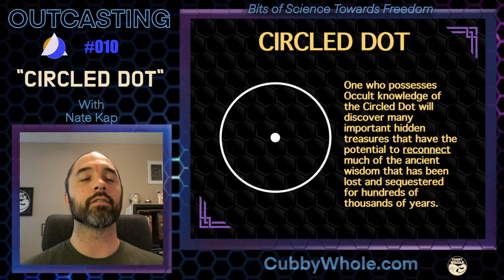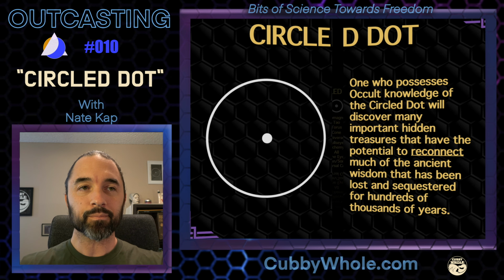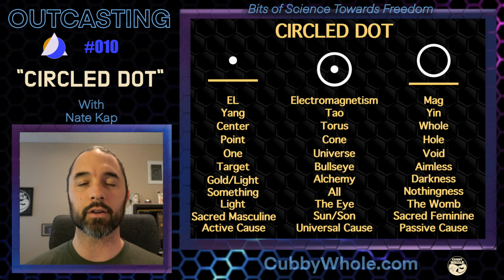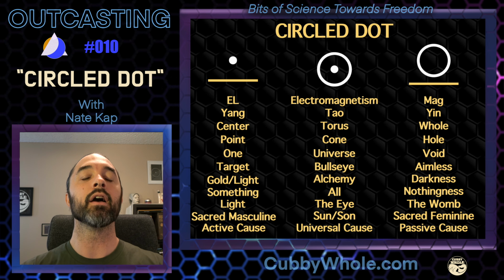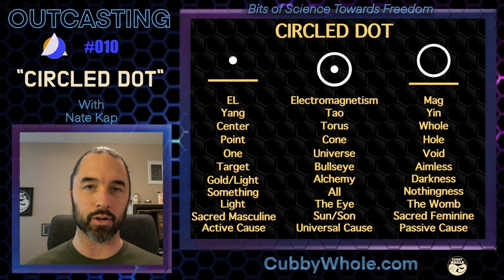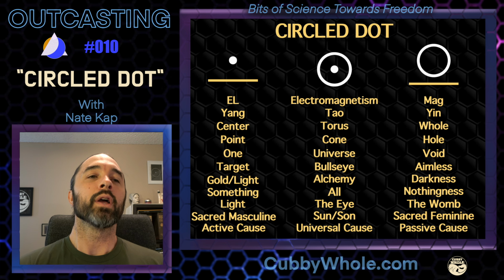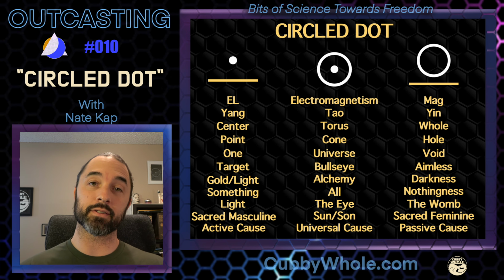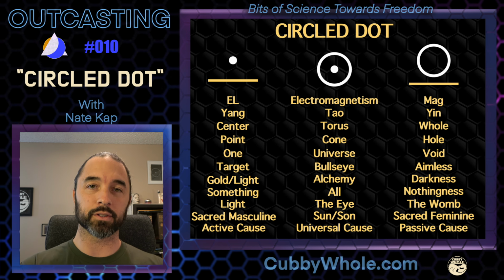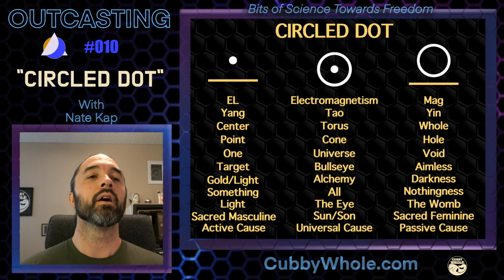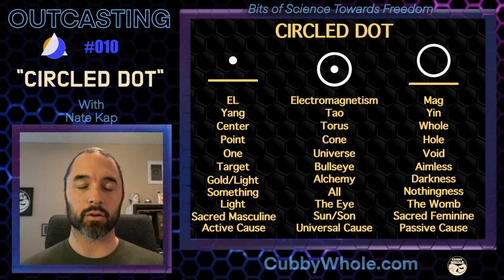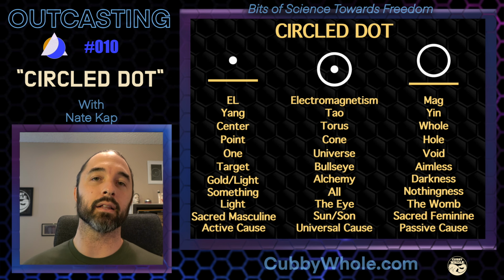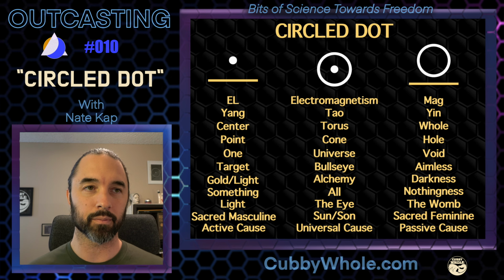So what I've done is I've created a diagram here with 3 columns to help us understand the circle dot better by understanding the dualistic nature of the circle dot. In the middle is where the symbol of the dot and the symbol of the circle come together. So in the middle, under the circle dot, is electromagnetism. Now, electromagnetism is made by electric and magnetism.